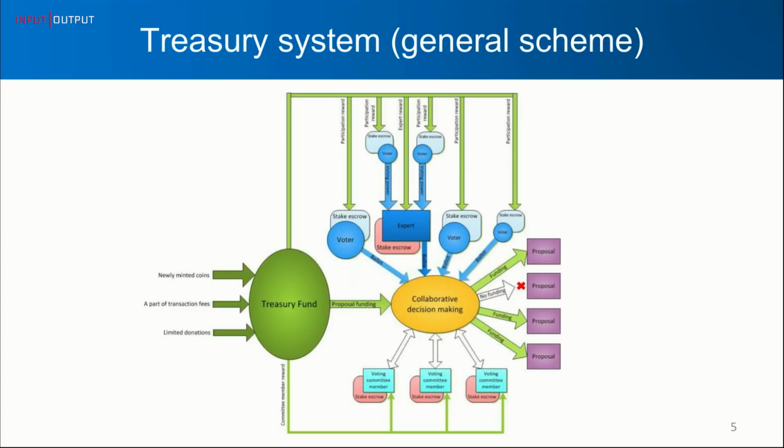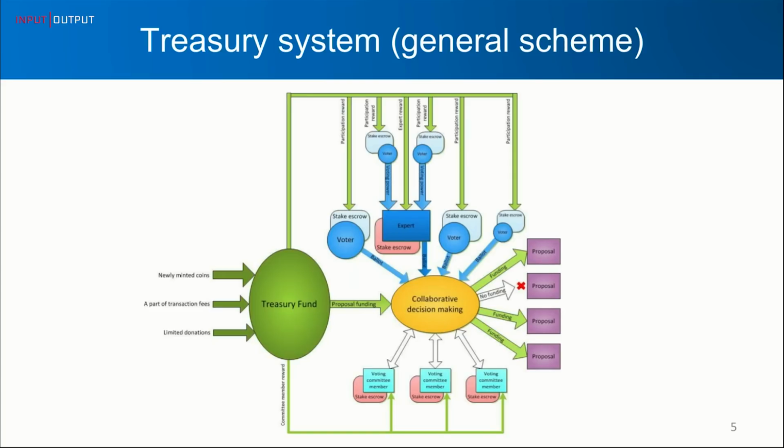Anyone can submit a proposal that requests money for some project, then the stakeholders vote on this proposal, and if it receives enough support, it will be funded from the treasury store. The treasury store in most cases will comprise newly minted coins, but other sources are also possible. This kind of funding was first implemented in Dash, but we went further and developed an advanced version of such a scheme with many additional features.